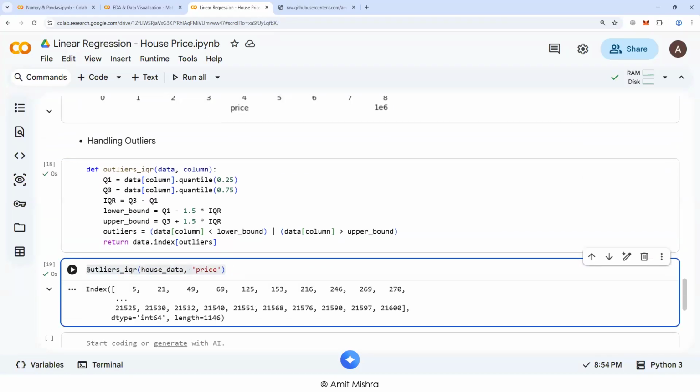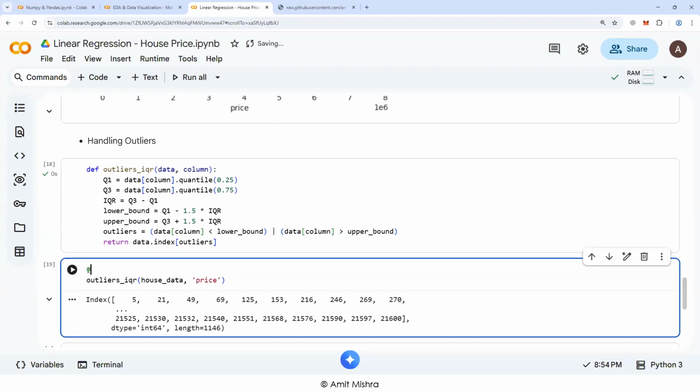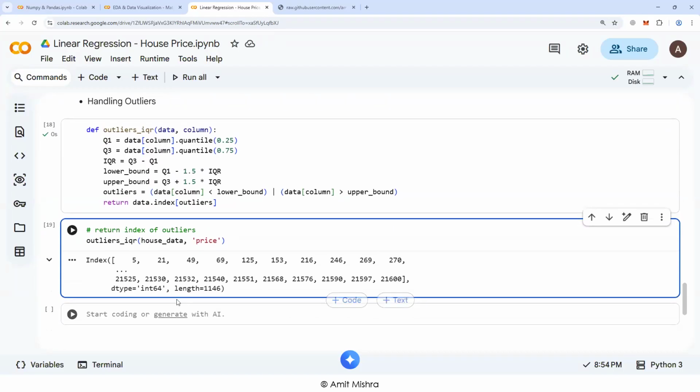So it is going to return the indexes, the index of the outlier value. Now there are too many outliers in this.